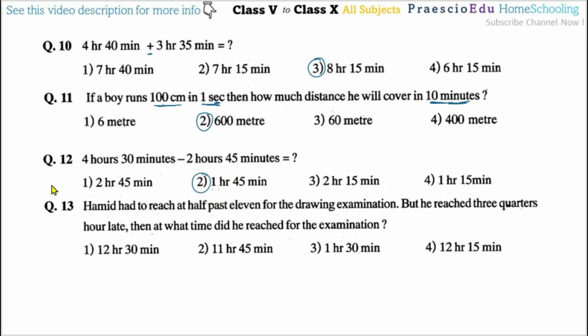Now question number 13: Hamid had to reach at half past 11. Half past 11 means what? Half past means after 11, so 11 plus half.